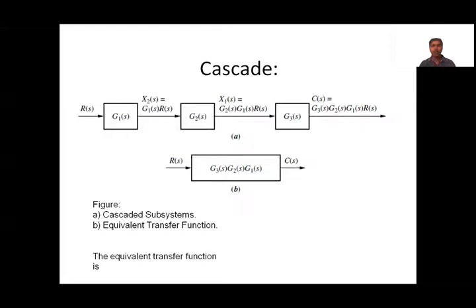That is, the single block transfer function is G1, G2, G3, the product of these three transfer functions. This is the way we can reduce the system when the subsystems are connected in cascade.